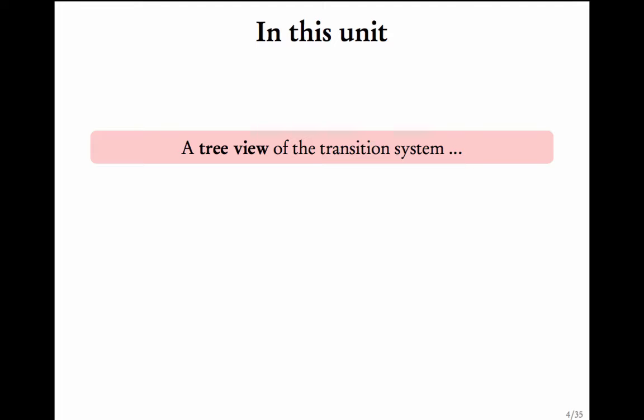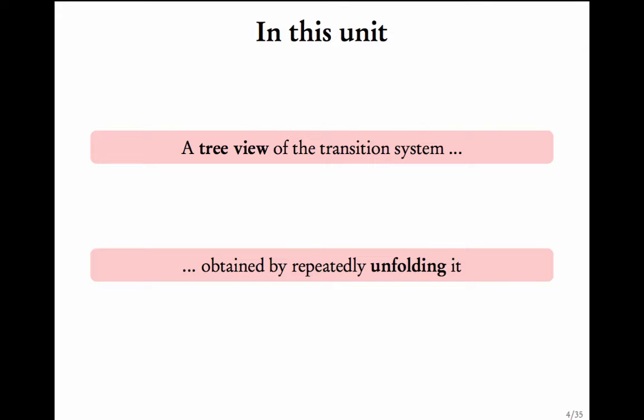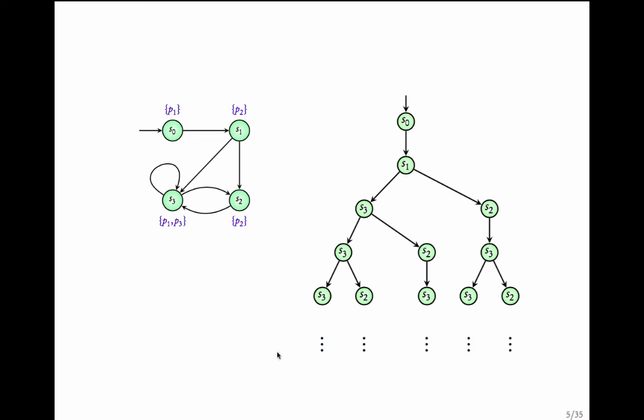In this unit, we will view the transition system as a tree obtained by repeatedly unfolding the transition system. Let us see what we mean. This is the same transition system. Let us start from this initial state and try to unfold it.